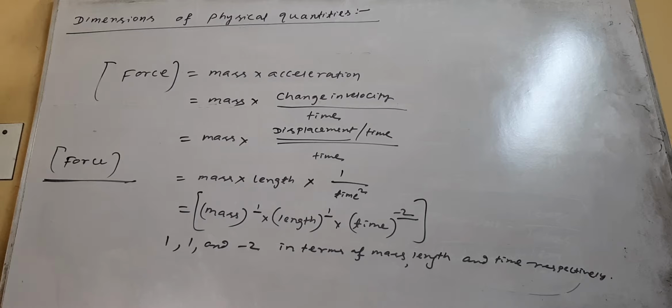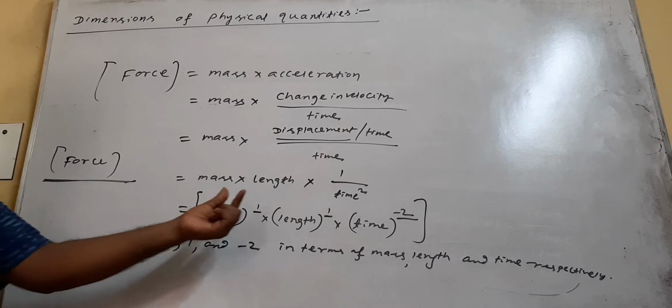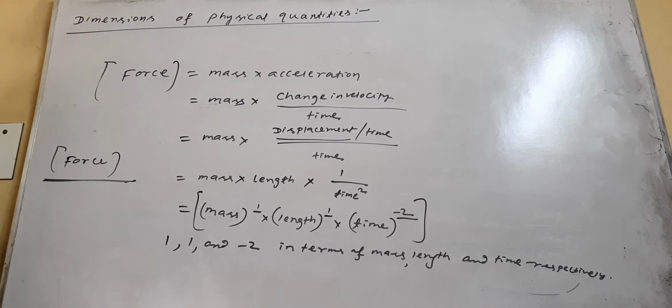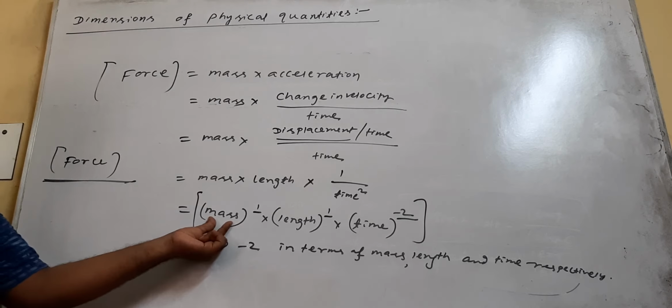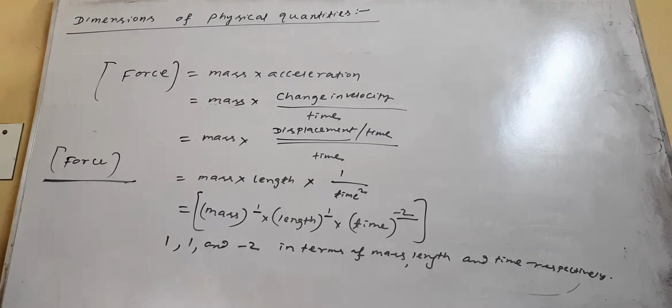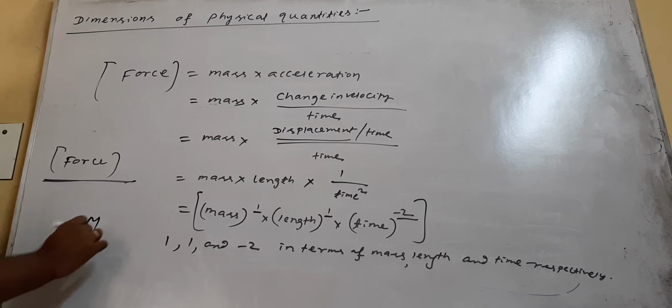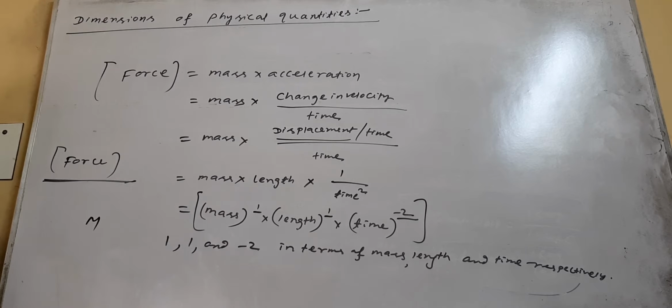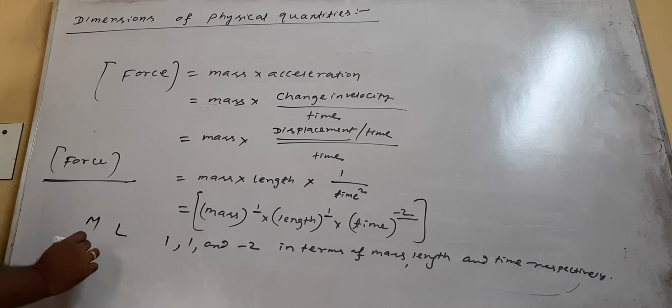So you see the expression here, mass, length, time. Instead of writing the whole word mass, length and time, we can use the symbols. Capital M for mass, capital L for length and capital T for time.